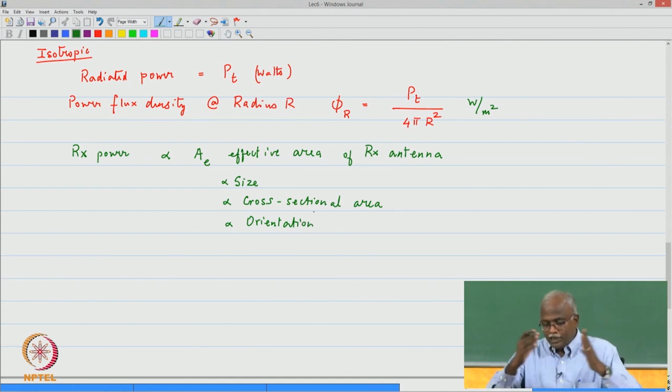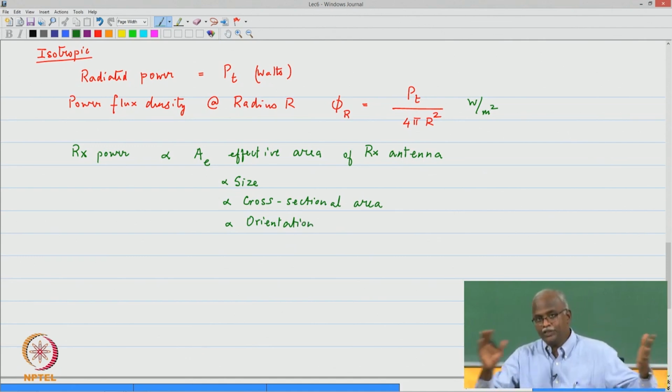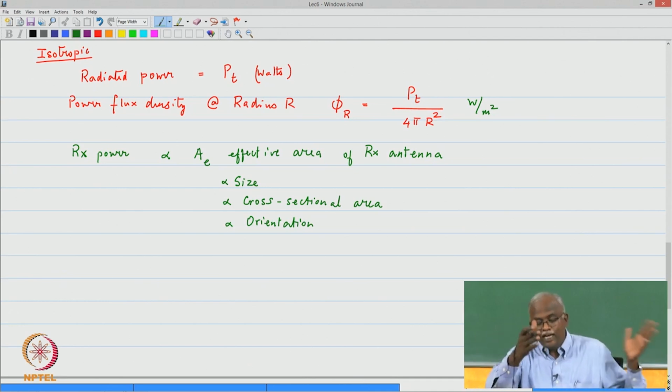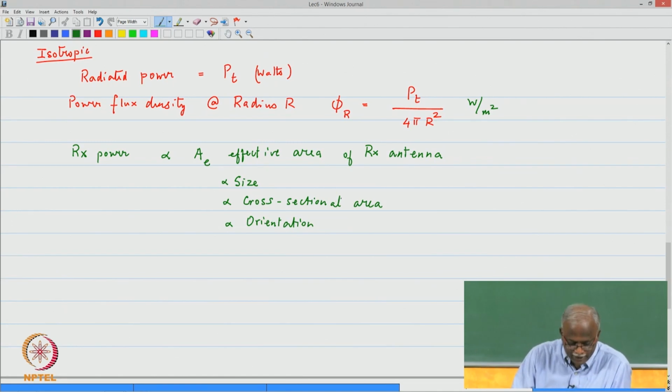Because you need something that is sufficiently large with a good cross section and pointed in the direction so that it can intercept the transmitted power. And these are three elements that will affect the effective reception of a signal.